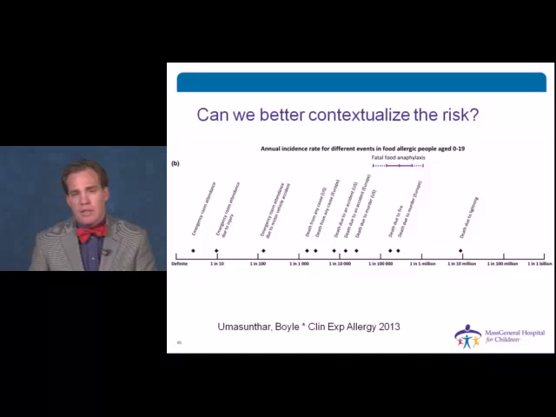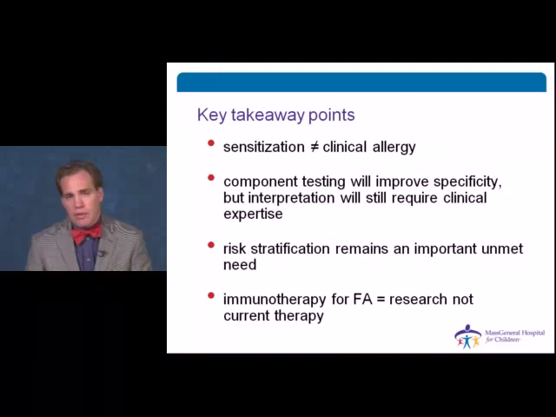And as you can see here, even for people with a diagnosis of food allergy, the fortunate news is that severe events, including deaths, are very rare. So this is a very common disease with a very, very low mortality rate. And it's important for people to understand that and understand what they can do to reduce their risk.